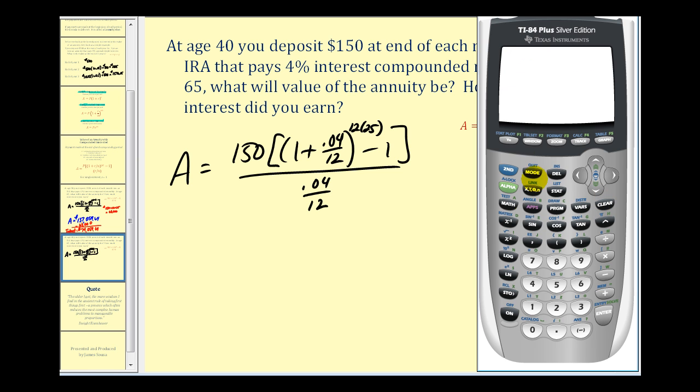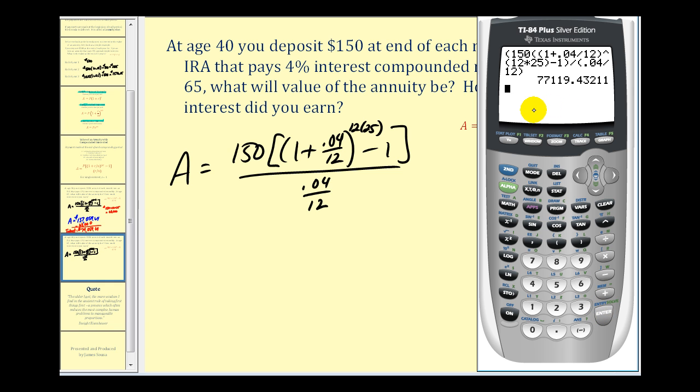So we'll go through the same process in our calculator. Just remember we need another set of parentheses for the numerator and denominator to keep everything straight.